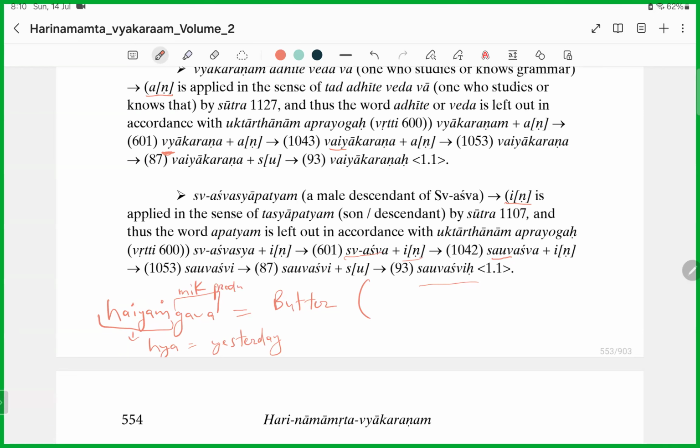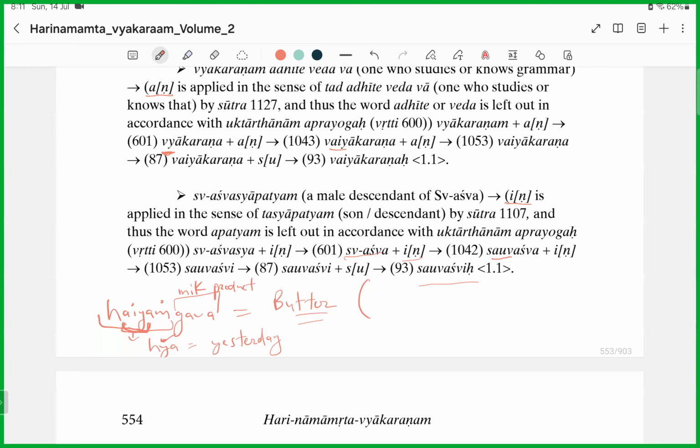So basically, something which is made up of yesterday's cow milk. So conventionally refers to butter. So here the year armor changes to AIY as we are discussing here. Very interesting formation and usage. Hayangava, butter.